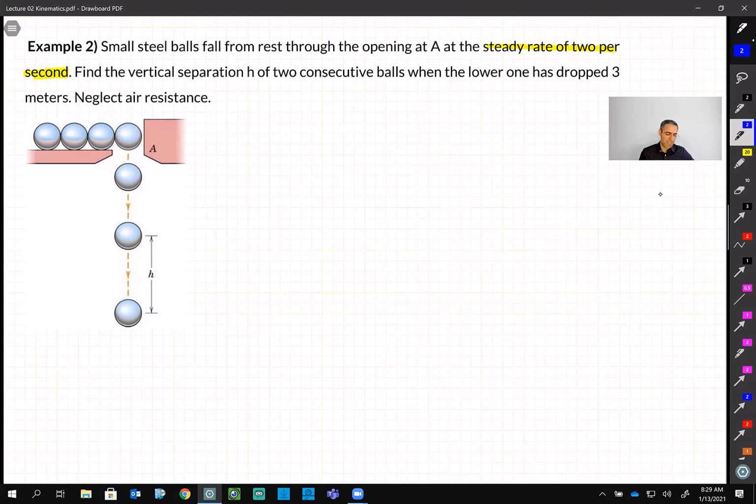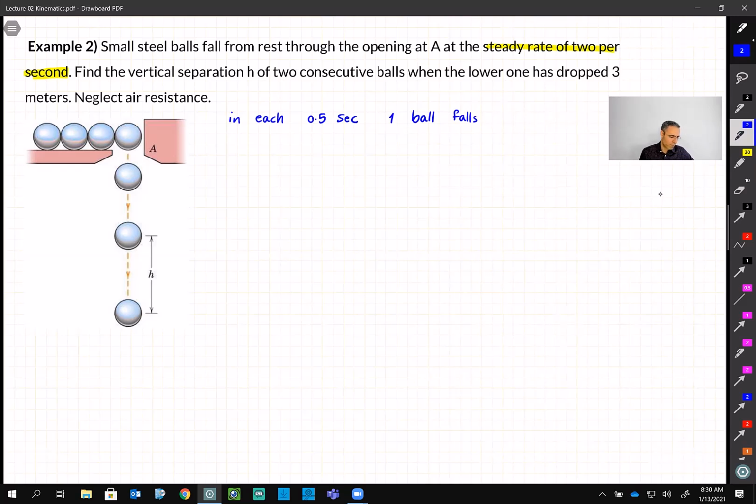So if it says every second there are 2 balls, it means the time between each ball is 0.5 seconds, right? So then I would write it down, like I translate that for myself: in each 0.5 second, 1 ball falls, right?